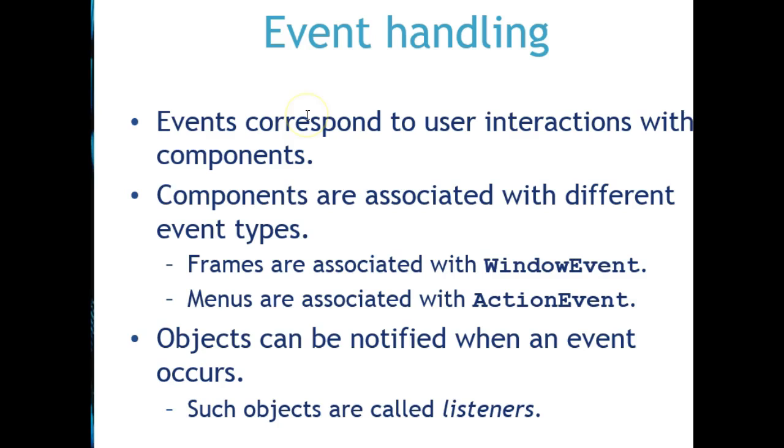Components are associated with different event types. Frames are associated with window events. Menus are associated with action events. Objects can be notified when an event occurs. Such objects are called event listeners.